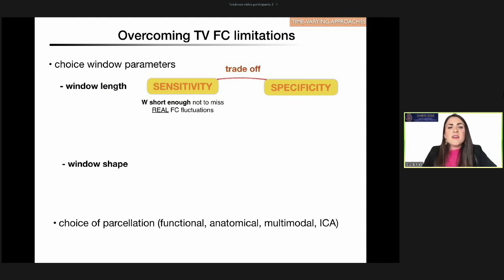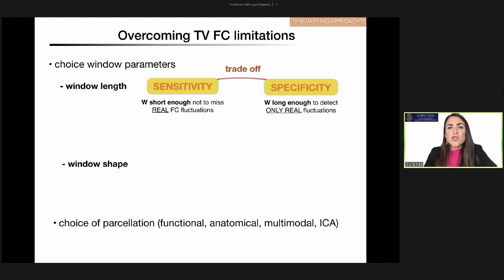What it means is that the window should be short enough, of course, not to miss the fluctuations in connectivity that we want to investigate. And this can depend on the specific application, if we have or not, for example, an idea of the timing of our events of interest. And specificity means that at the same time, the window should be long enough to detect only real fluctuations.